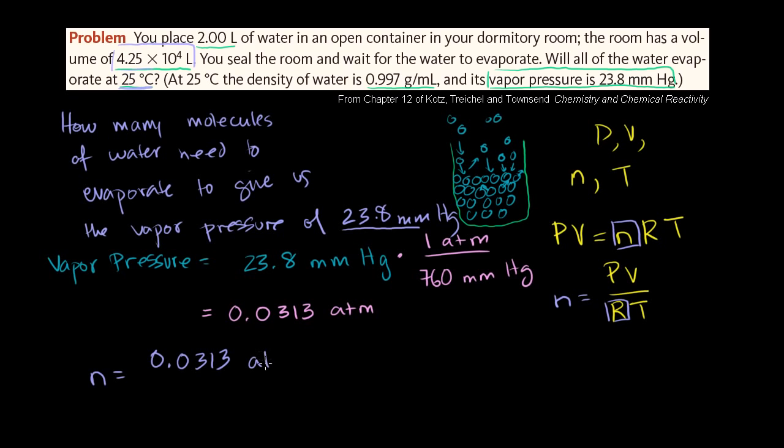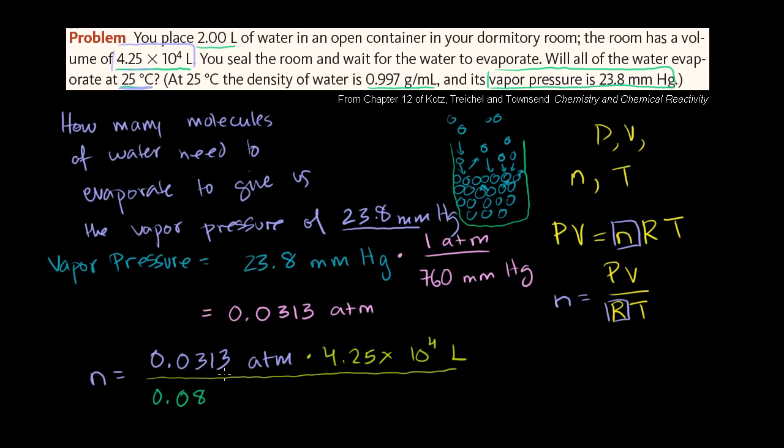Anyway, the pressure here is 0.0313 atmospheres. The volume here, they told us right over here, is 4.25 times 10 to the fourth liters. And then we want to divide that by, and you want to make sure that your universal gas constant has the right units. I just looked mine up on Wikipedia. 0.08.